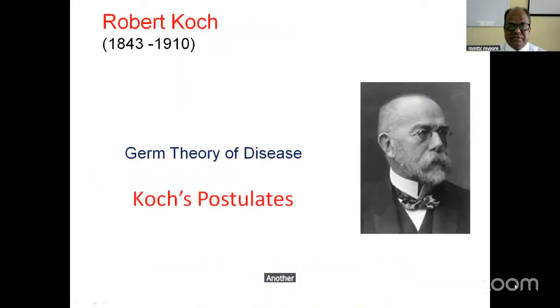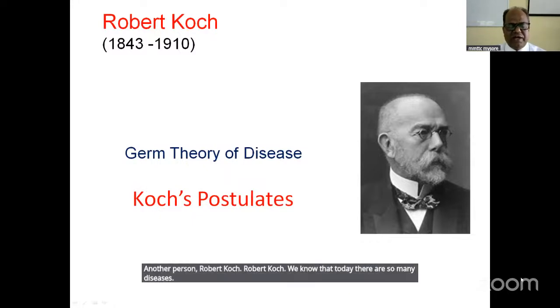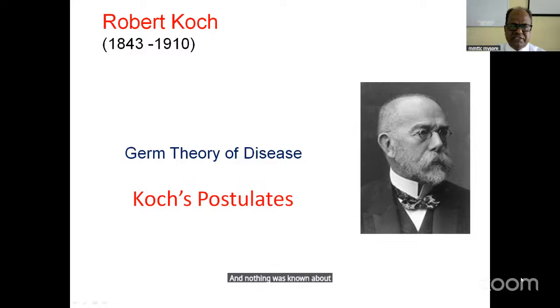Another person, Robert Koch. Today we know there are so many diseases, but nothing was known about disease-causing agents way back in the 18th century. I told you five important diseases ruled the entire world. This man, Robert Koch, was a physician and doctor, and he discovered the causative agent responsible for tuberculosis.